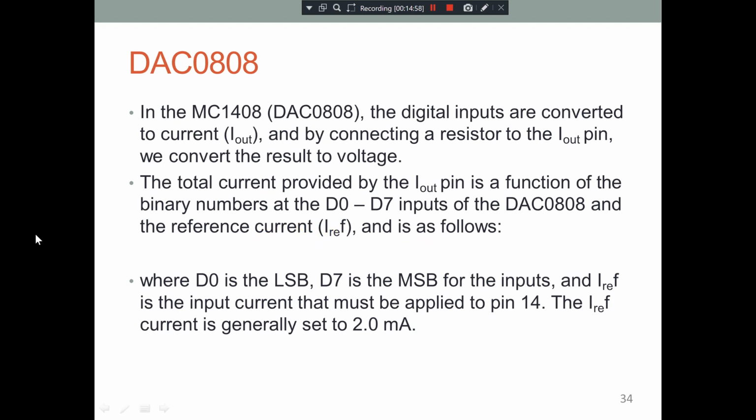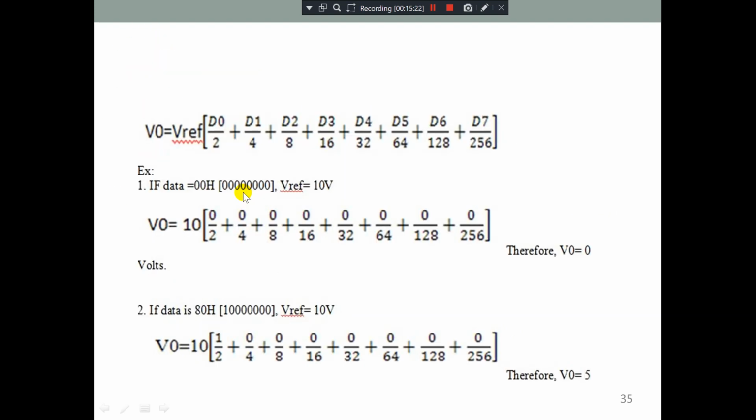D0 is the least significant bit and D7 is the most significant bit of the input, and the reference current must be applied to pin number 14. The I reference current is generally set to 2 milliamps. That's how the DAC works.